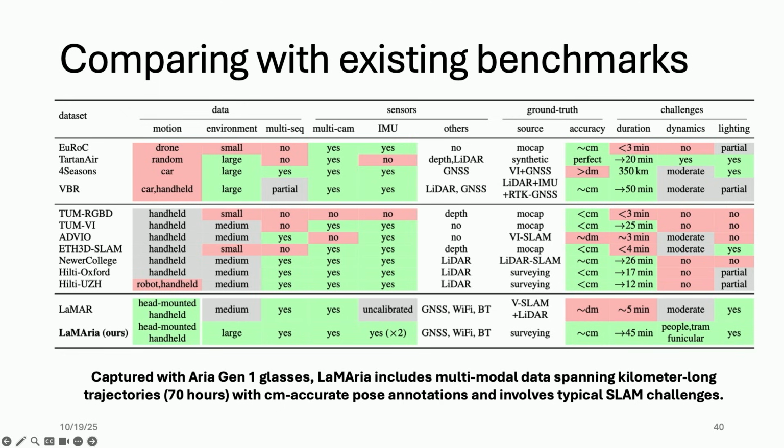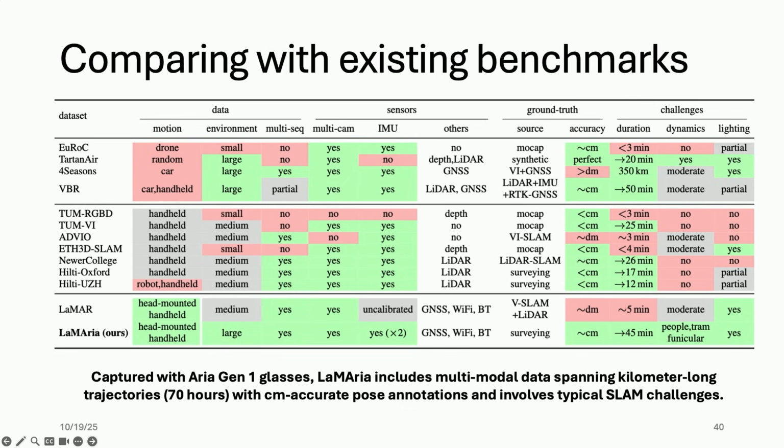So let's do some recap. We collected this list of SLAM datasets in the LaMAria paper to compare with LaMAria, where we capture kilometer-long trajectories with Aria Gen 1 glasses.